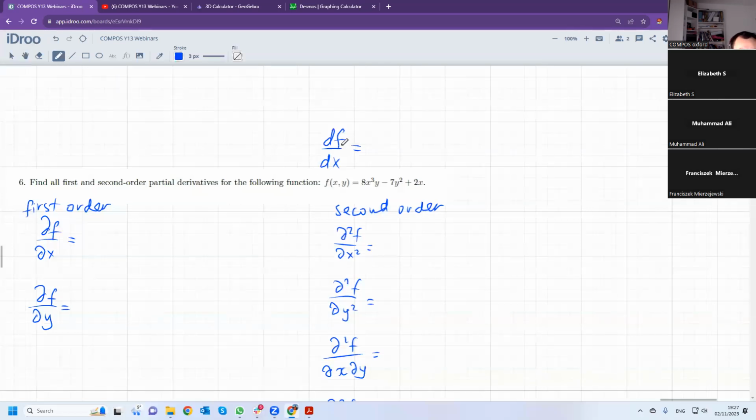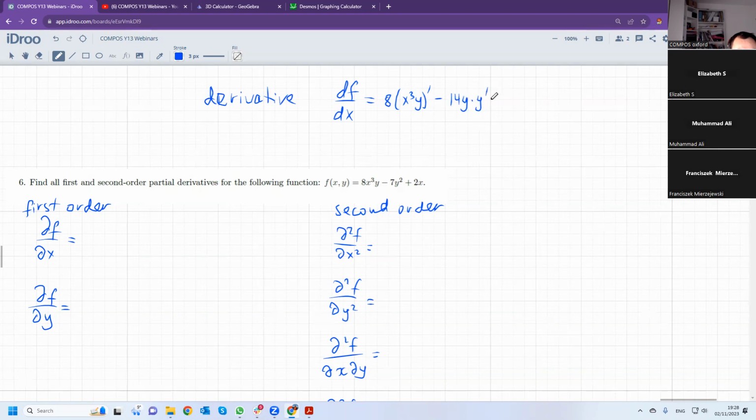So for the normal derivative, that's df on dx. I would do 8x cubed y prime minus 14y multiplied by y prime plus 2.